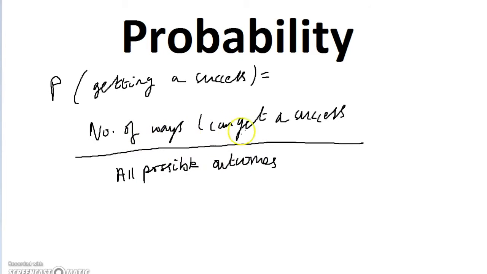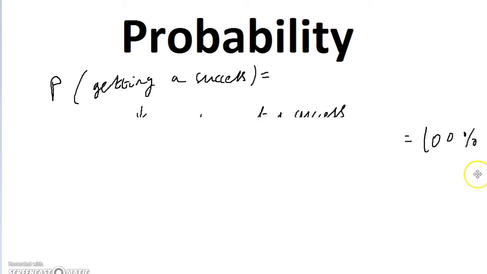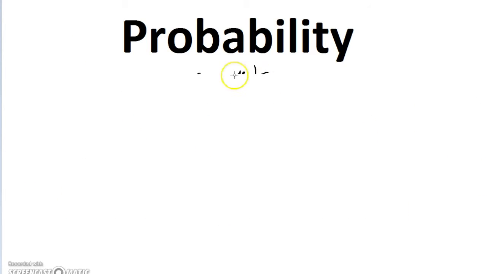Now, if the number of ways I can get a success is the same as all possible outcomes, then it is impossible for me to not get a success. The probability of getting a success is 1 or 100%, because then the numerator is equal to the denominator. My probability is 1.